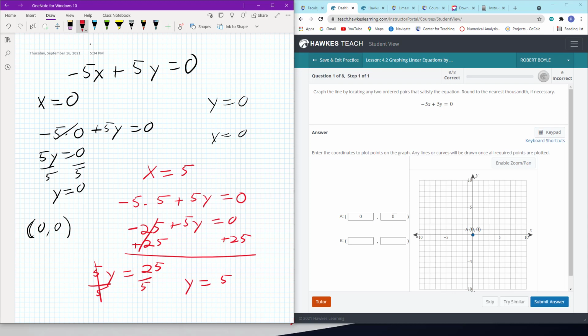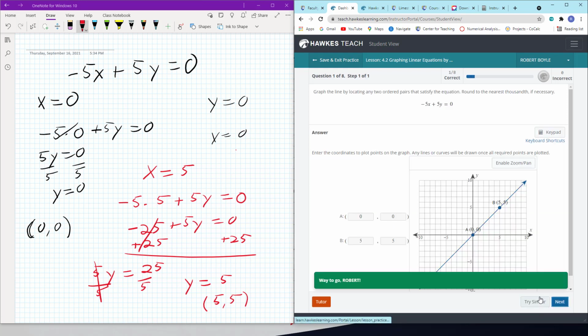And my associated ordered pair is going to be (5, 5). So I can come over here to Hawks. I can put a 5 in here, and a 5 in here. If I wanted to, I could do another line just to see what I get. Actually, I could have done x is equal to 1. And then I can submit and see if I'm right. And there we go, we got it correct.